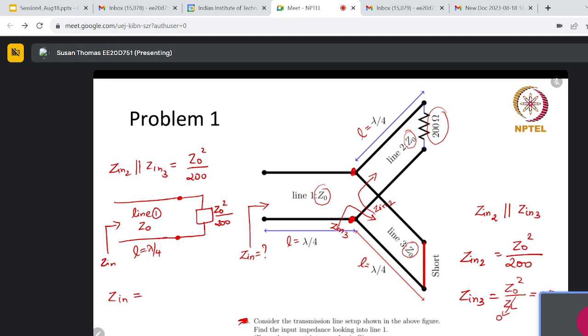The same logic applies for a lambda by 4 line. So Z naught square divided by Z naught square by 200. This becomes 200 ohm. I hope this question is clear.